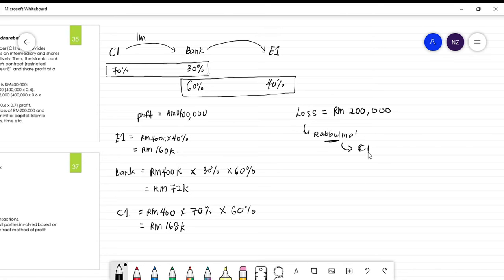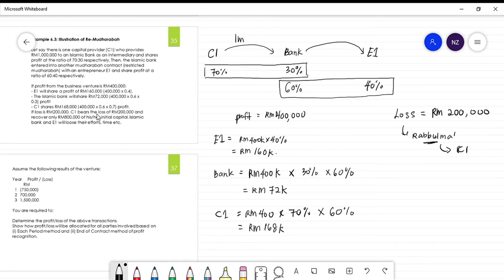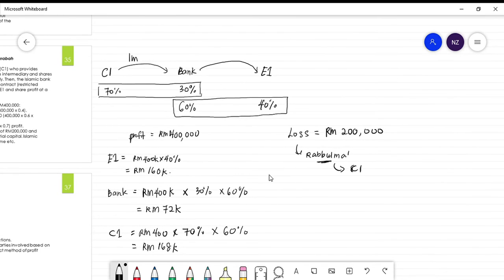That's why it says here that C1 bears the loss of 200k and recovers only 800,000 of his or her capital account. That's why the loss amount has to be deducted from the capital amount provided. So he provided 1 million, and 1 million is minus 200,000, these are the losses.